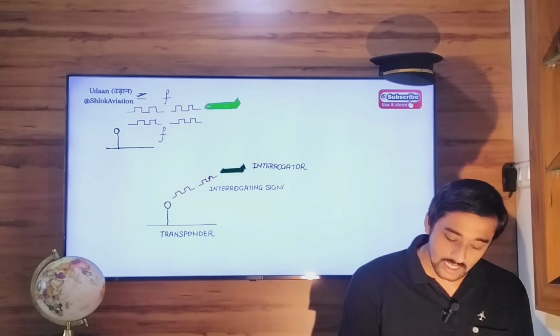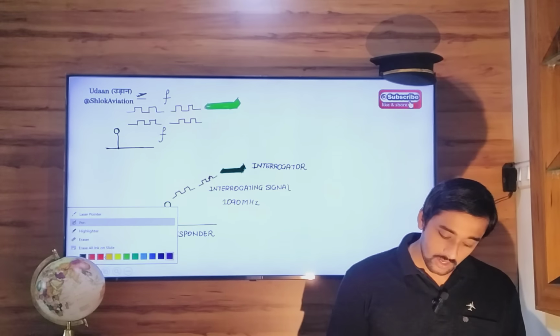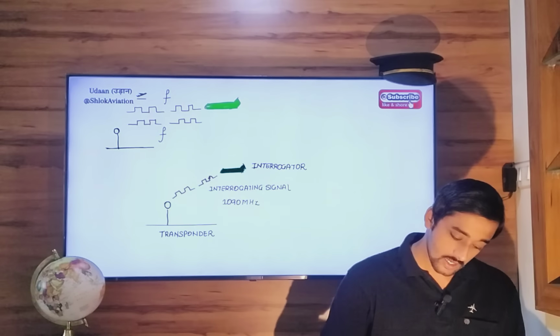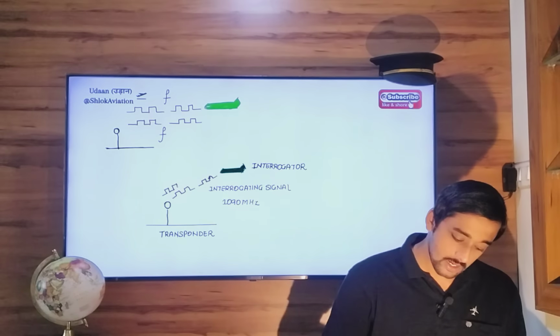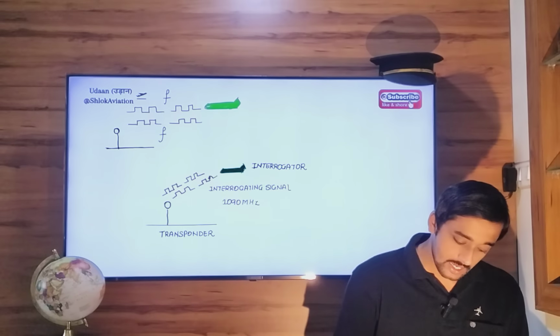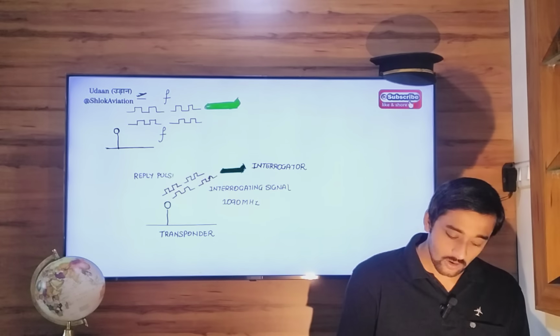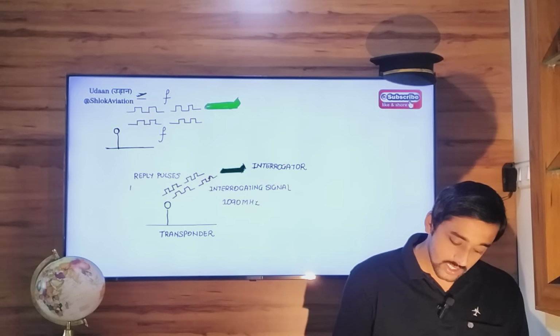This interrogating signal is at 1090 megahertz. The transponder will reply to this interrogation by sending reply pulses in the direction of this aircraft at a frequency of 1030 megahertz.